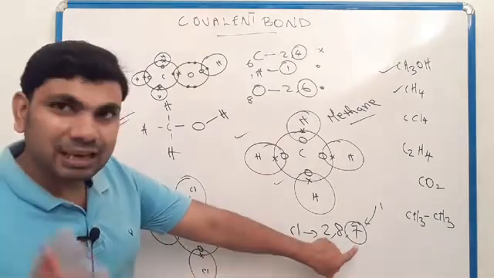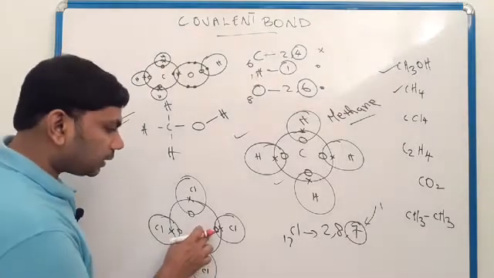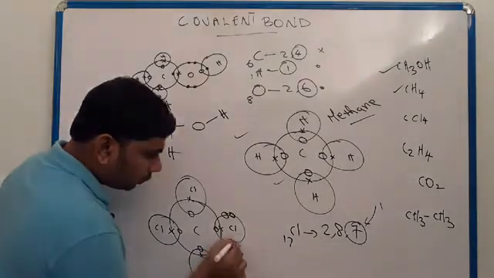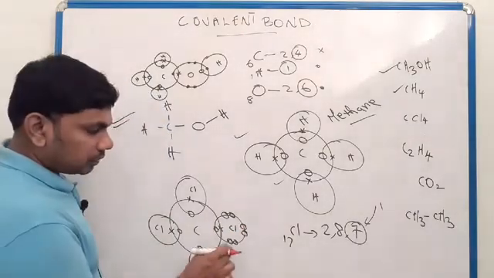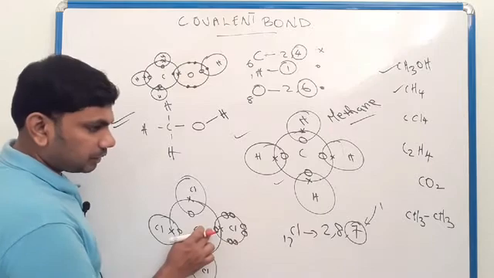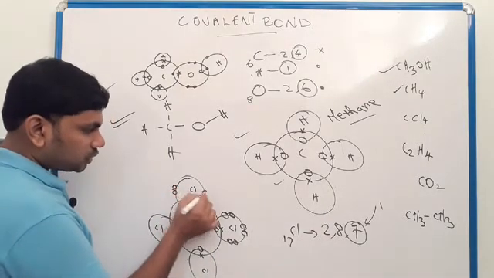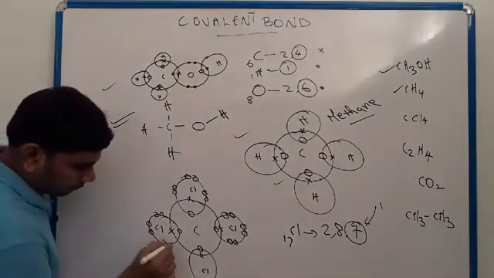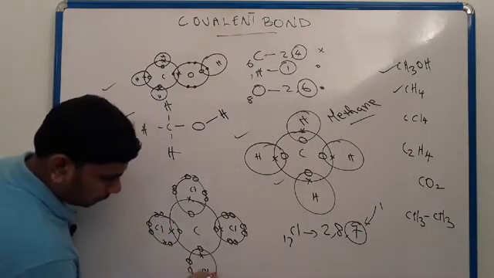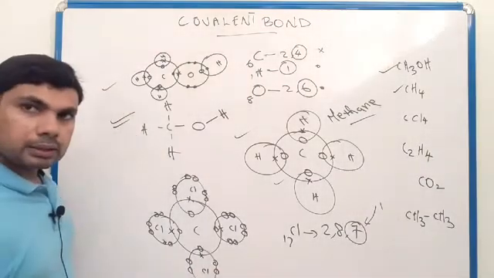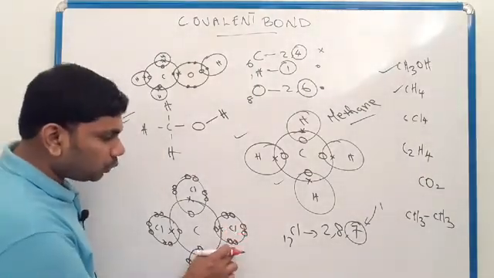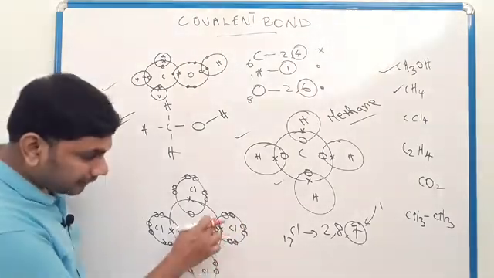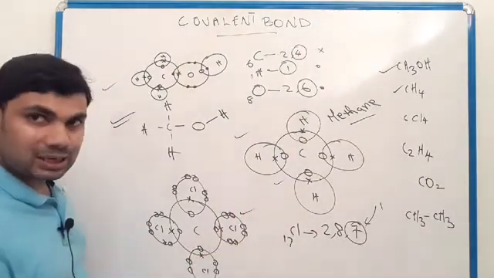Chlorine outer shell has 7. We did only 1. How many left? 6 left. 2, 4, 6. Okay, now here 2, 4, 6, 7. Similarly, all of these we have to make 7. Okay, now see here chlorine atom 2, 4, 6, 7, including this, 8, including X, chlorine getting 8 electrons.